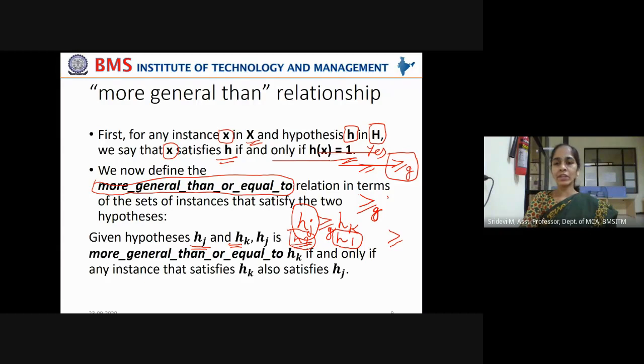So H2 is more general than or equal to H1, because whatever instance satisfies Hk also satisfies Hj. Hj is general, Hk is more specific. Here, H2 is general, H1 is more specific. Got it? Any doubt in this representation? Can anybody acknowledge? Did you understand?